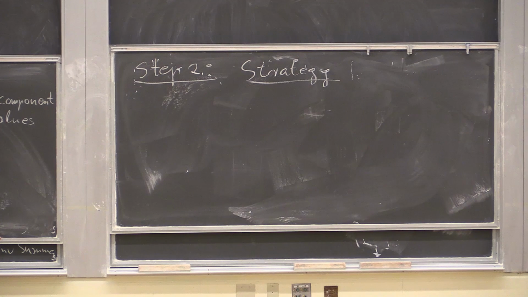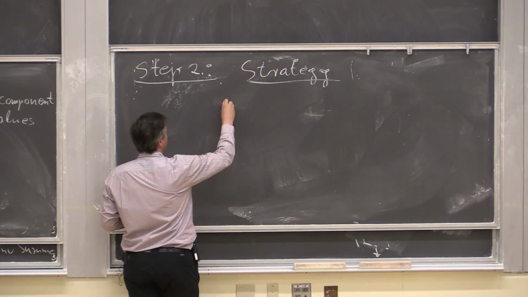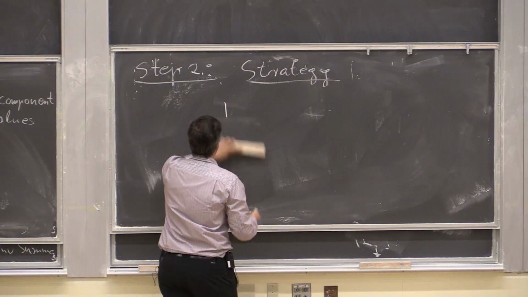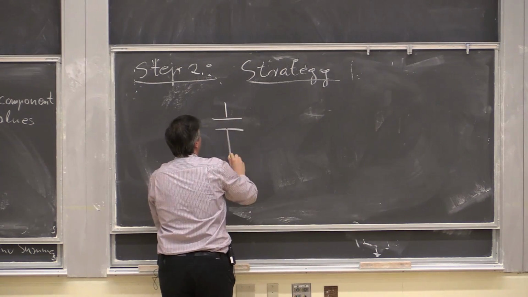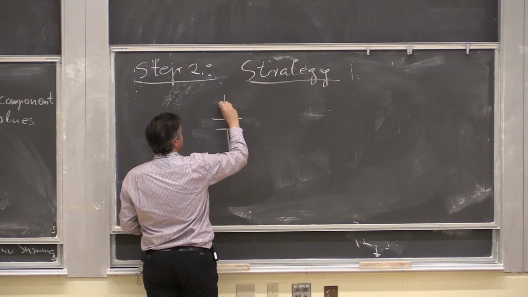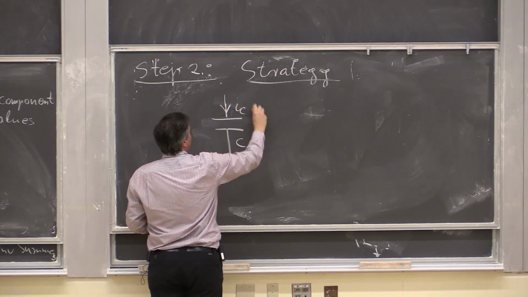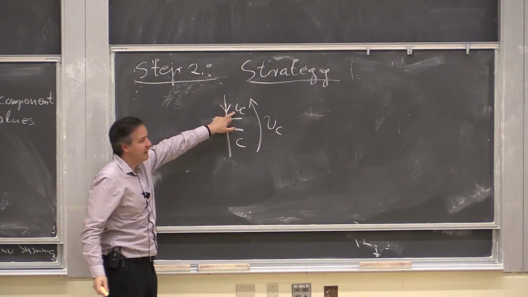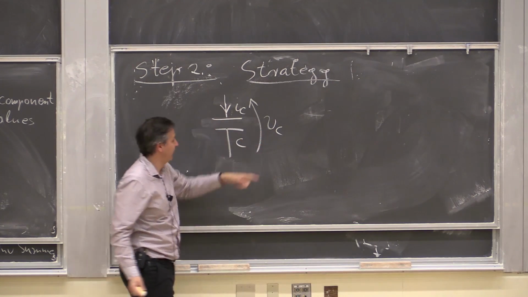Okay, capacitors and switches. In a nutshell, let's say I have just a capacitor C. It has current coming into it, IC, and voltage VC.